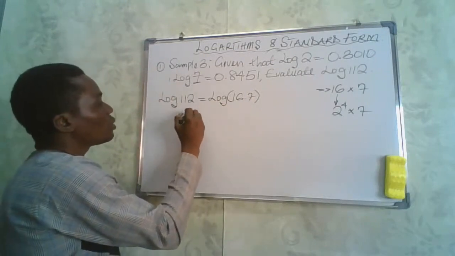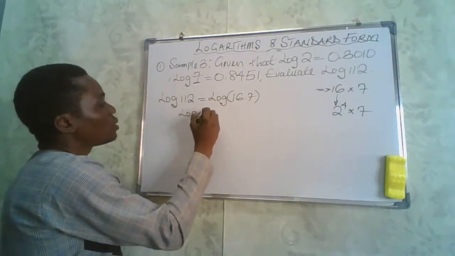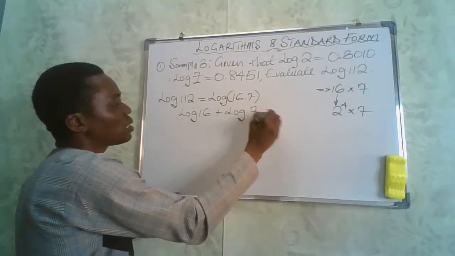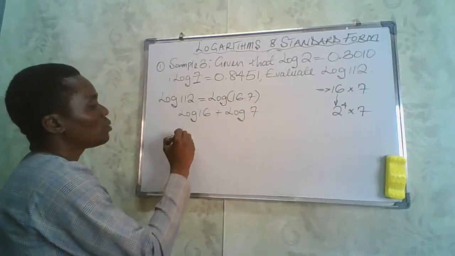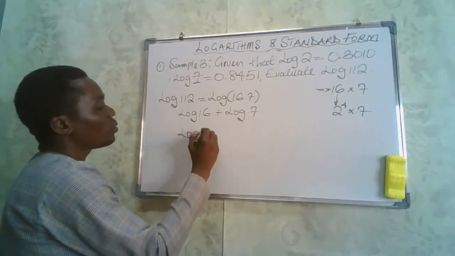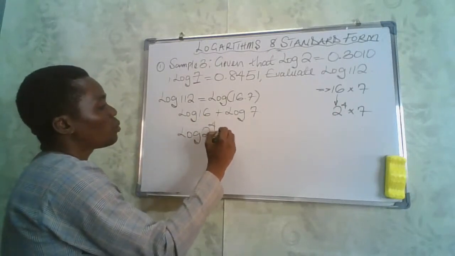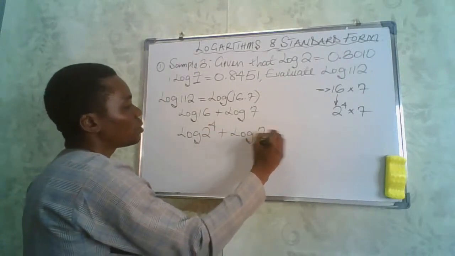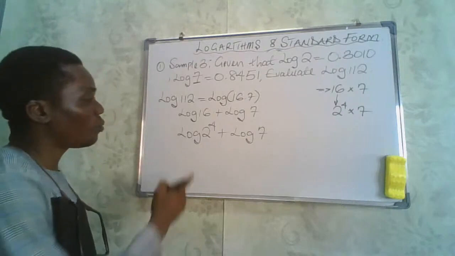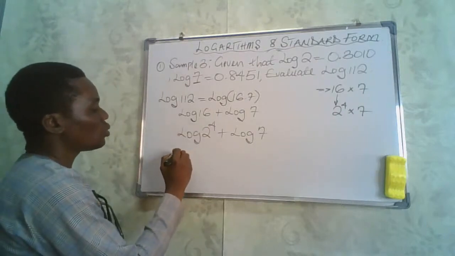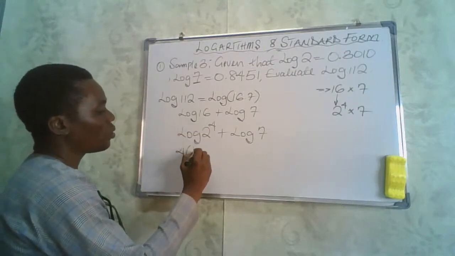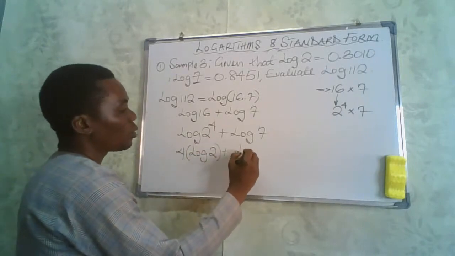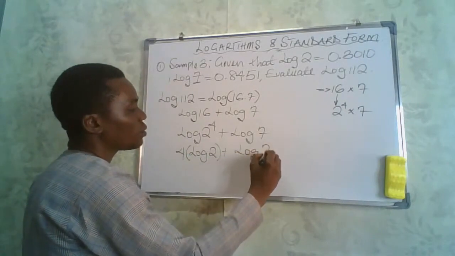This will now give us the log of 16 plus the log of 7. So this is going to give us the log of 2 to the power of 4 plus the log of 7. Now, according to still the law of logarithm, this 4 is going to multiply the log of 2, plus log of 7.